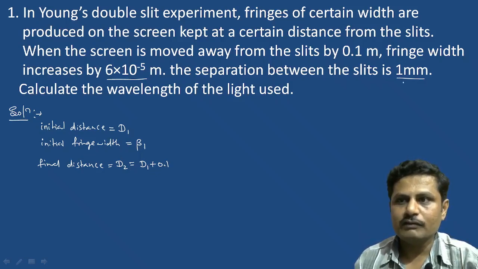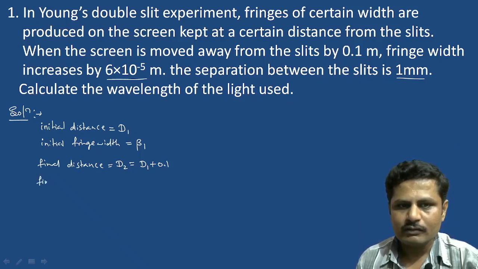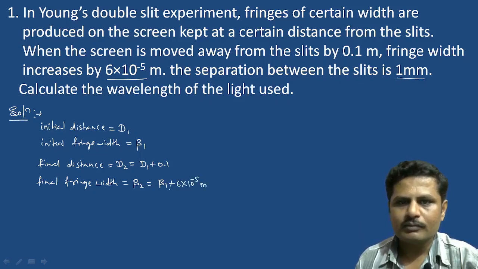That is, the final fringe width, beta 2, can be written as beta 1 plus 6 into 10 raised to minus 5 meter, because the fringe width increases by that amount when we increase the distance by 0.1 meter.